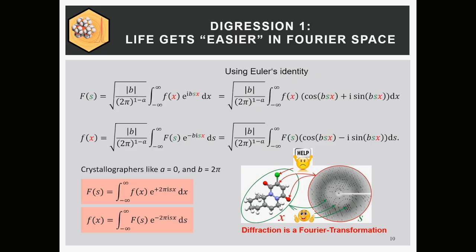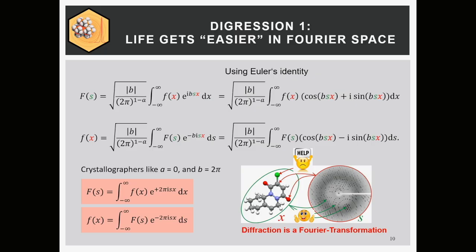Just imagine diffraction is a Fourier transformation. And it works wonderfully well if you have the structure and do your Fourier transformation and get the powder peaks or the single crystal reflections. This works easily. The other way back is the one which is problematic.